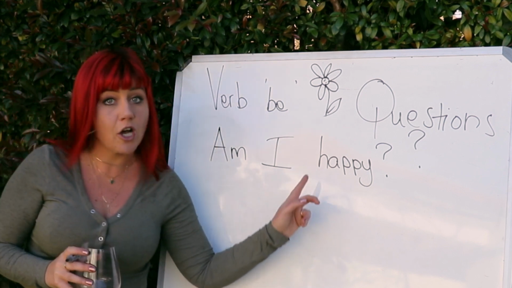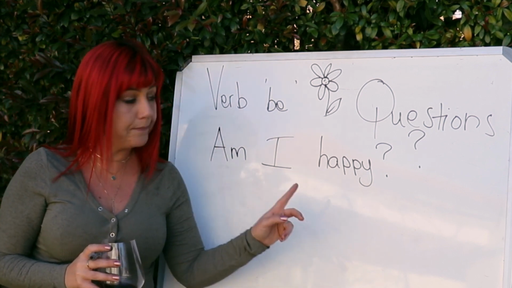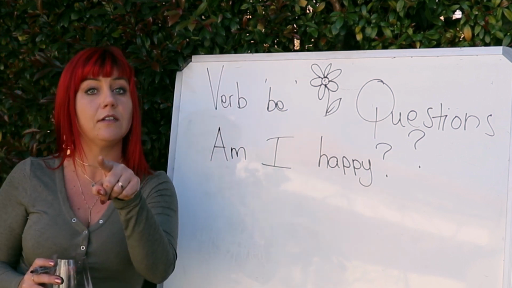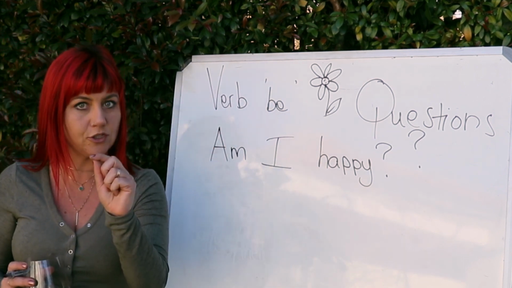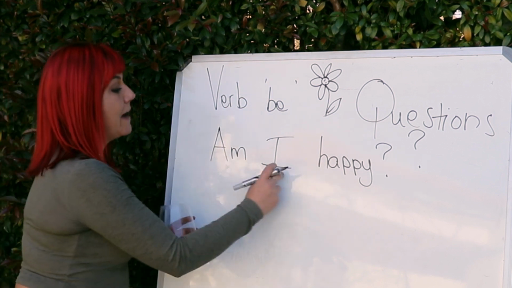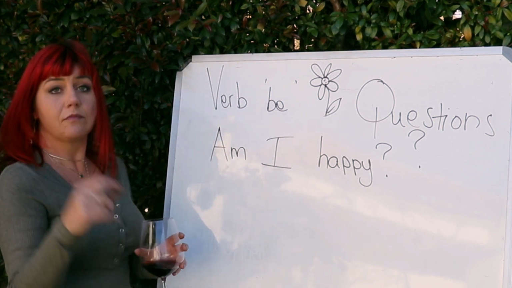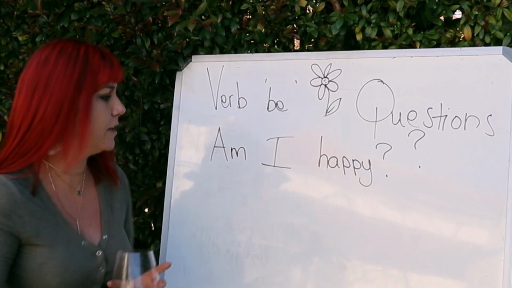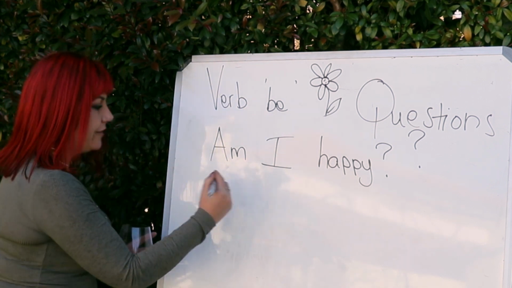Notice we are not contracting. You have to use the full form when you're asking a question. You will never contract in a question, guys. So, am I happy? Cool. What was the next one? She is cold, I think it was. So let's change it over.